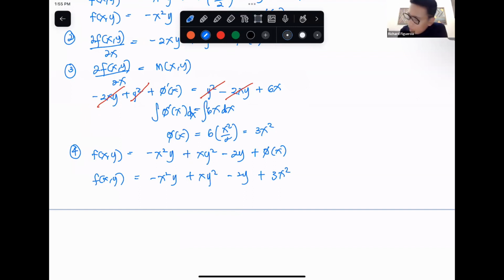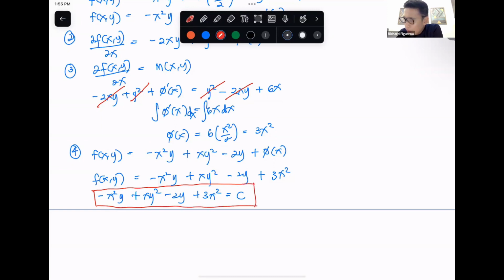And finally, we'll have negative x squared y plus xy squared minus 2y plus 3x squared equals c. That will be our general solution: negative x squared y plus xy squared minus 2y plus 3x squared equals 6.